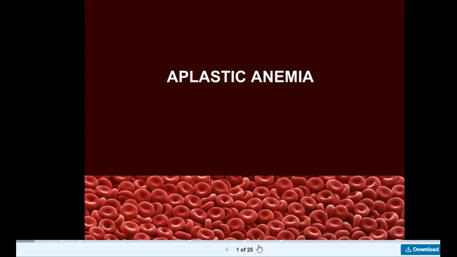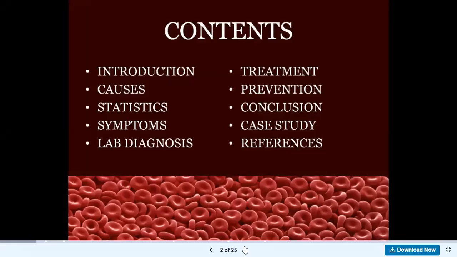So what happens in aplastic anemia and what is aplastic anemia? In this lecture, we will look at the introduction to aplastic anemia, the causes, and the statistics or epidemiology. We'll look at the symptoms and the laboratory diagnosis: how do you diagnose that a patient has aplastic anemia?